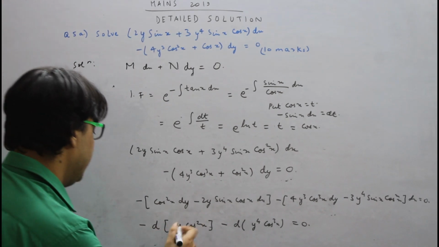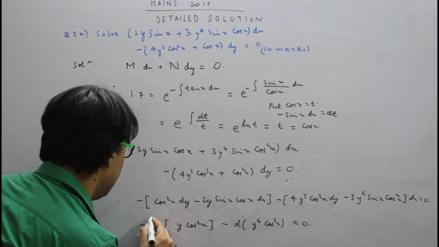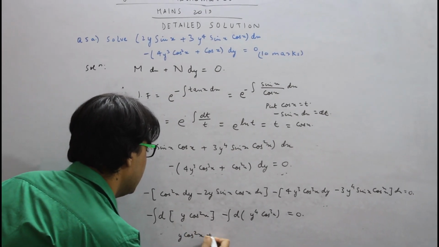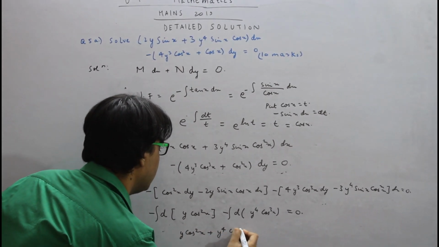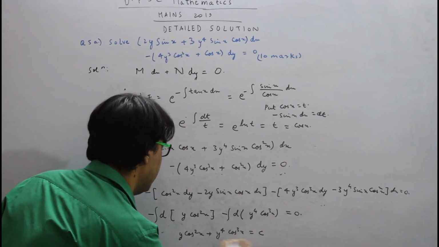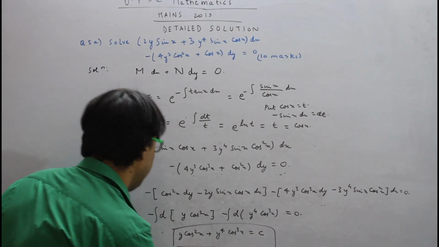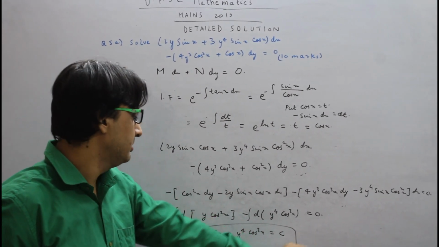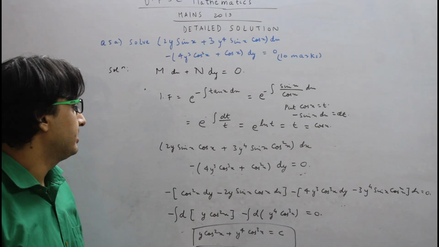So we can write our answer by integrating on both sides. We can write y cos square x plus y to the power 4 cos cube x is equal to a constant. We have taken the minus sign on RHS. So this is our answer.